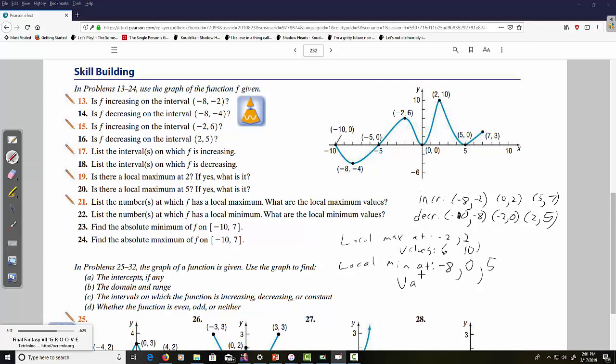And those values would be -4, 0, and 0. All right, absolute minimum. That is the absolute lowest point in the function. So absolute minimum would be right here.